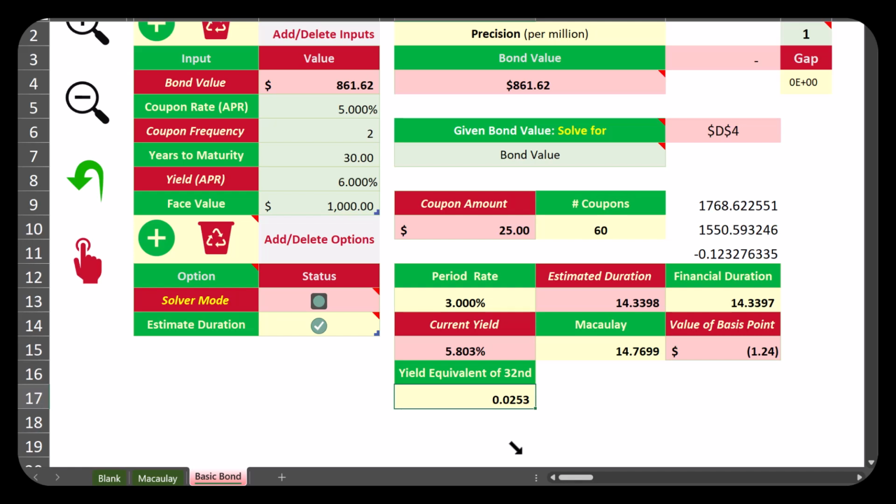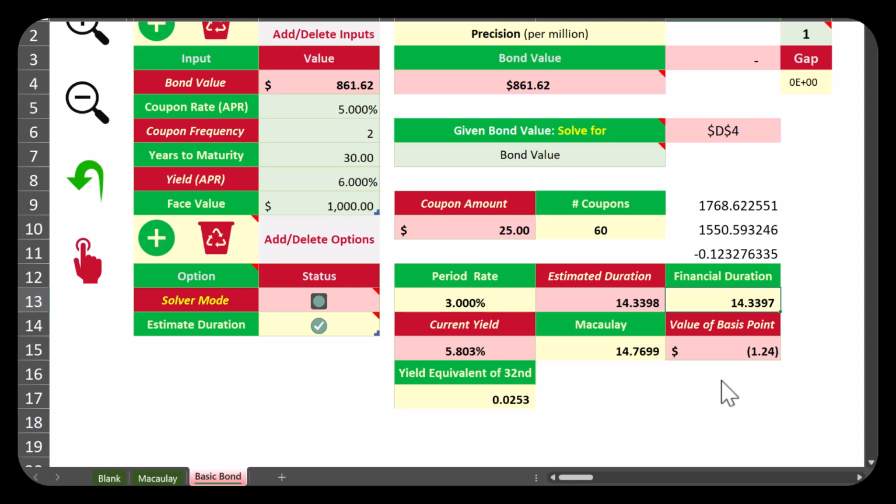Here's what this means. If this bond has a financial duration of 14.33, that means if the bond yields run up by 1 basis point, the percentage change in the value of this bond is going to be 0.1433%. Okay.